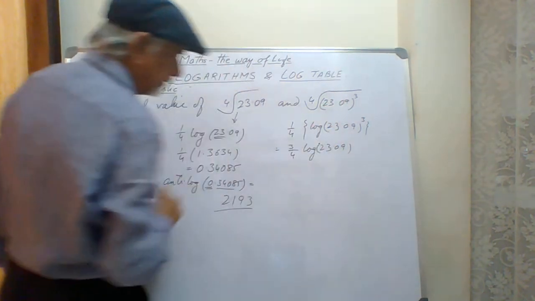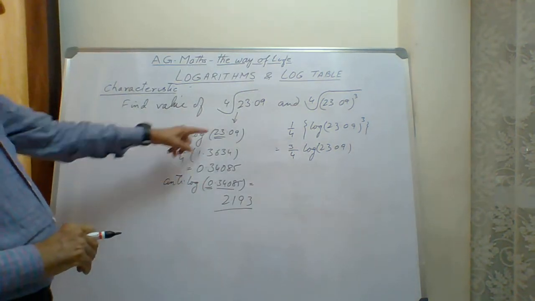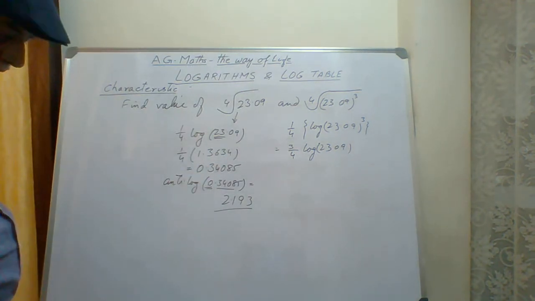If it is 23.09 only, then the log value we know is 1.3634.